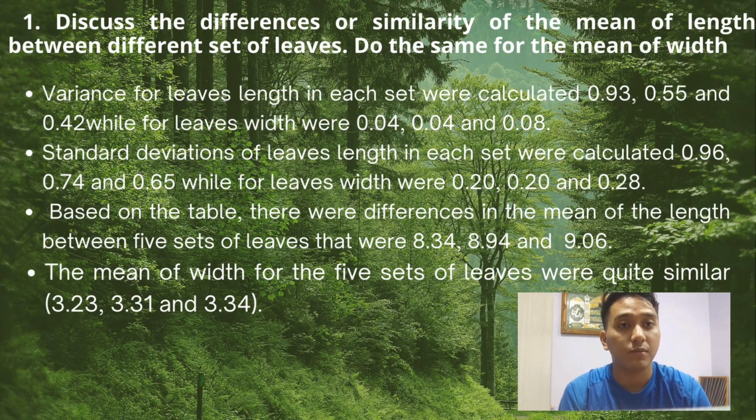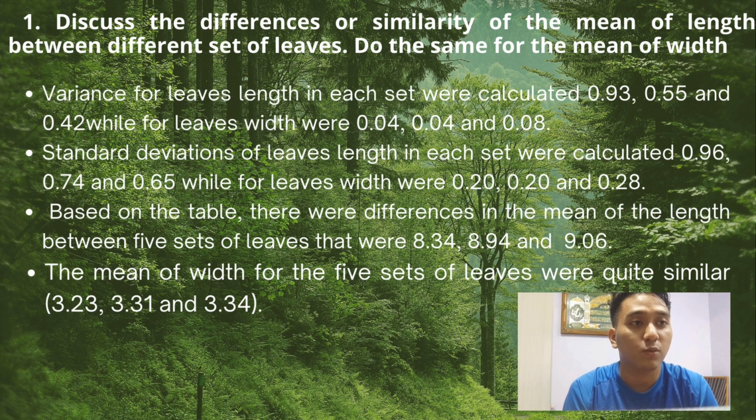For question 1, as you can see, the variance of leaf length in each set was calculated as 0.93, 0.55, and 0.42, while for leaf width it was 0.04, 0.04, and 0.08. The standard deviation of leaf length in each set was calculated as 0.96, 0.74, and 0.65, while for leaf width it was 0.2, 0.2, and 0.28.